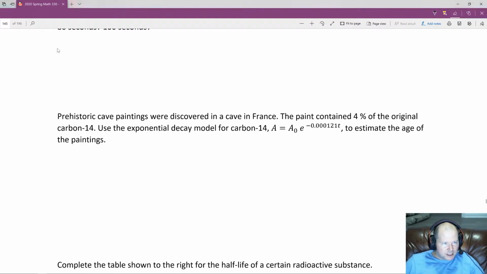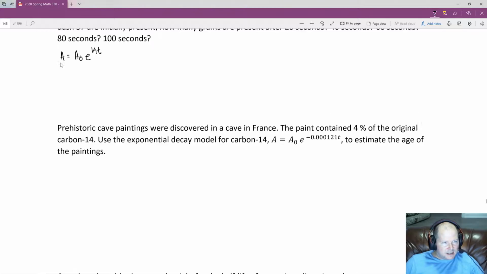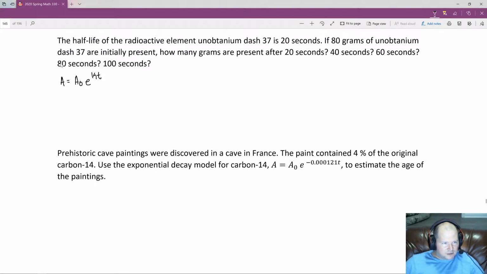Okay, so the first general equation is the amount is equal to the initial amount multiplied by e to the kt. So let's look at what variables we have here. The question is, how much are we going to have?